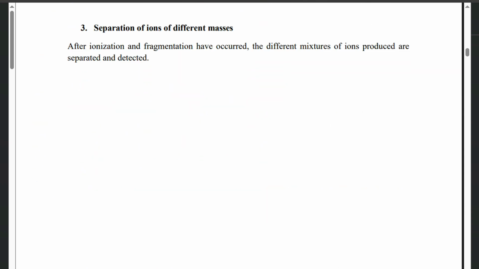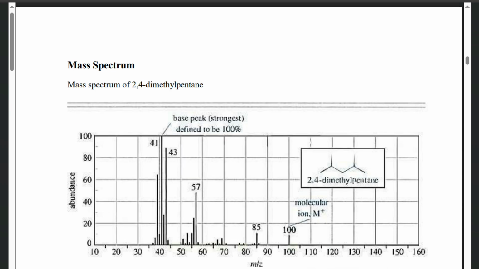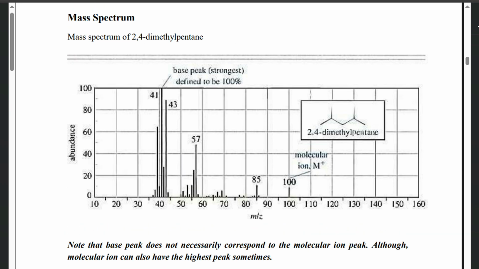After ionization and fragmentation have occurred, different mixtures of ions are produced. The different ions produced are separated according to their masses, and then they are detected on the mass spectrum. So now let's talk about the mass spectrum of 2,4-dimethylpentane.